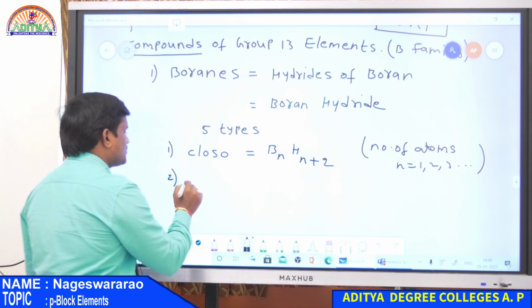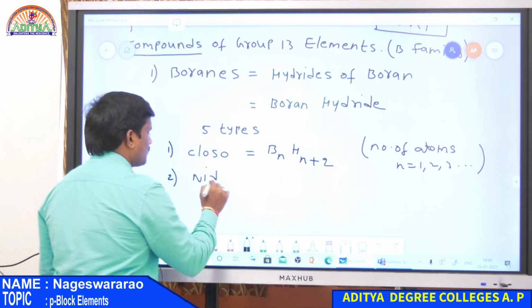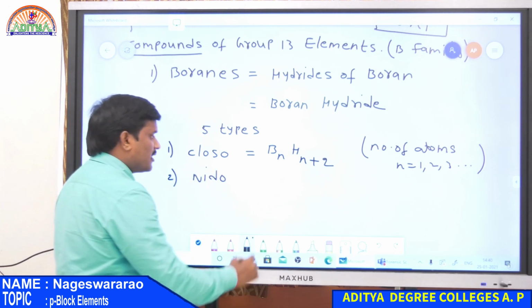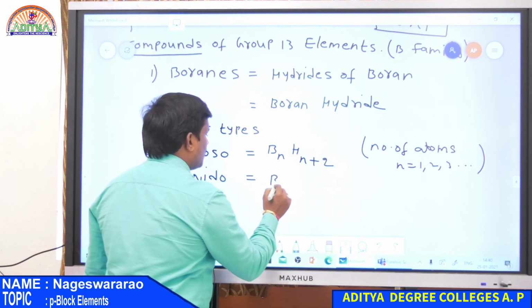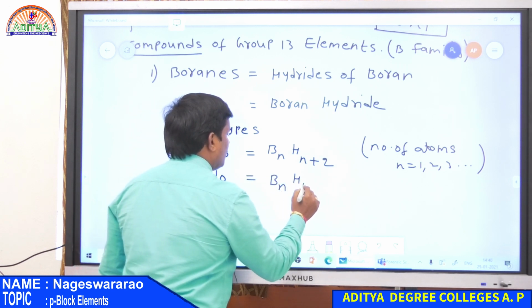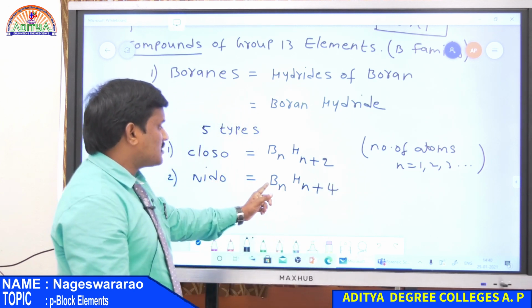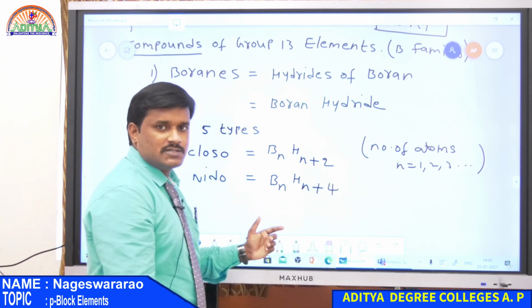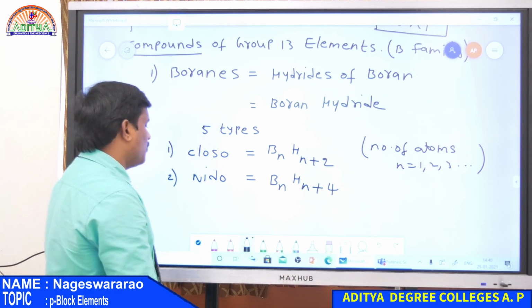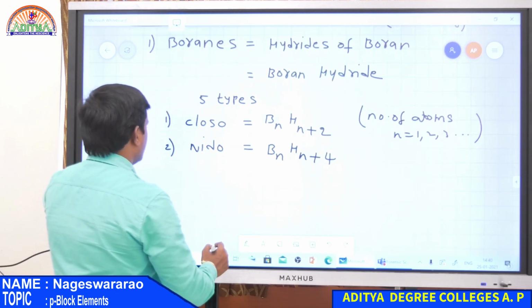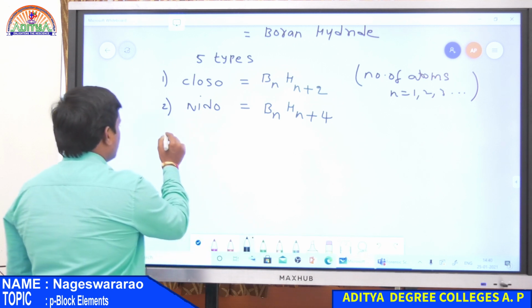And the second one is nidoborane. Nidoboranes have the general formula BnHn+4. So n number of borons and n+4 number of hydrogens, then it is known as a nidoborane. And the third one is arachnoborane.